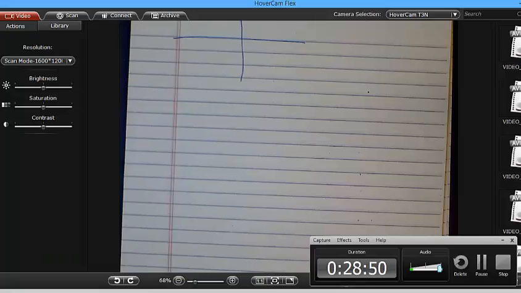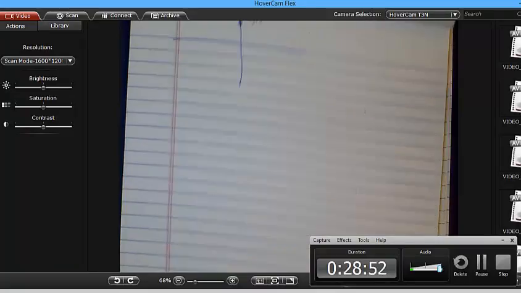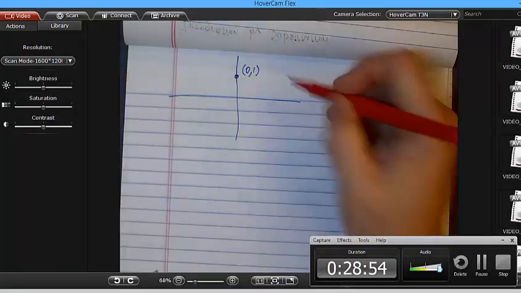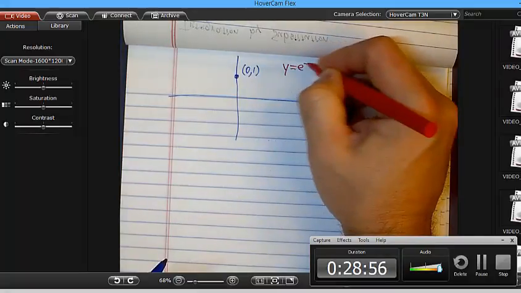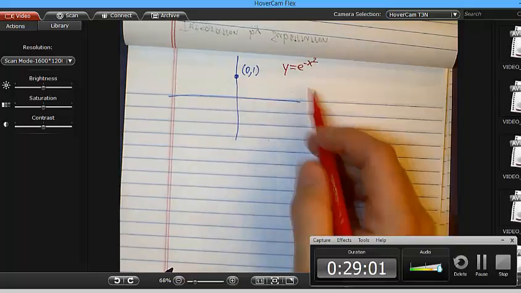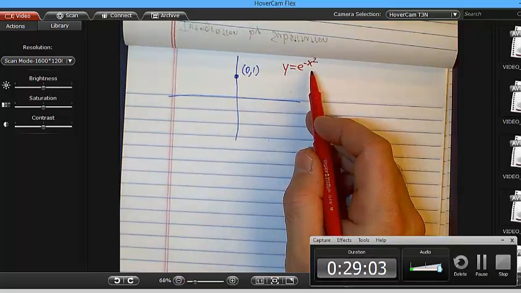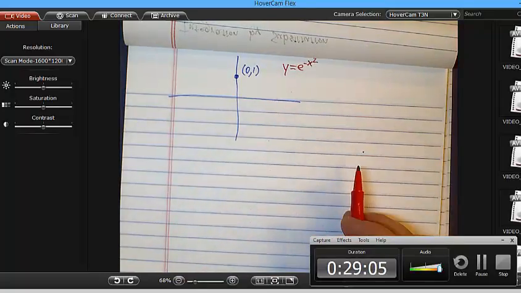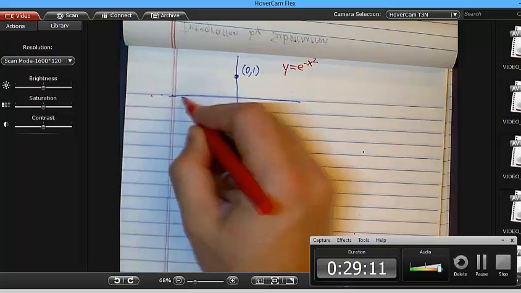I'm trying to graph y equals e to the negative x squared. When x gets really big, e to the negative x squared gets really small, really close to what number? 0. This has an asymptote here.